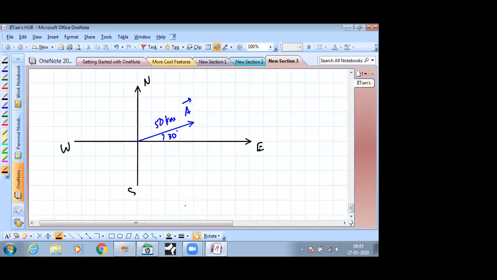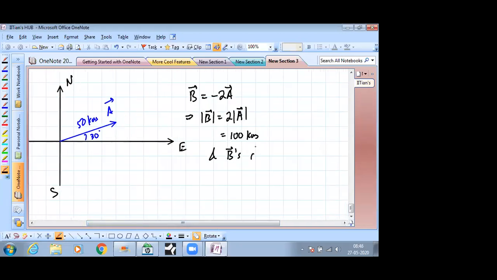Okay. Now, since it is given to us that the vector B is minus 2 times the vector E, what this means is that the magnitude of B is twice the magnitude of E. So that means it is 100 kilometers. And B's direction is opposite that of E.